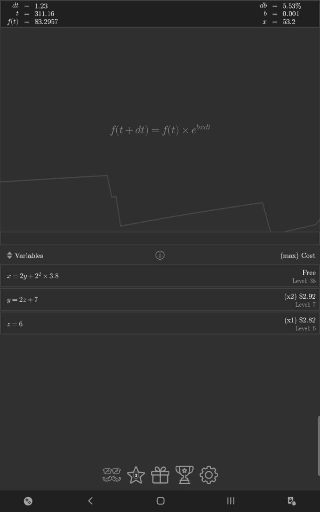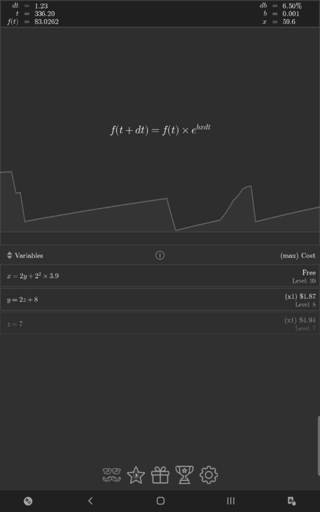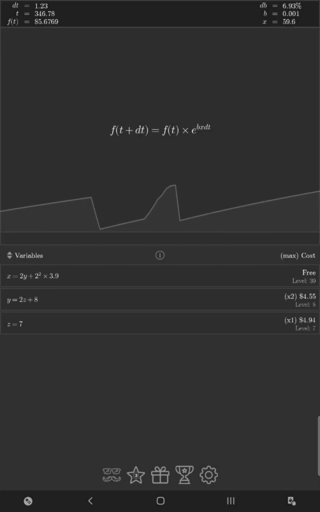Yeah. So our first goal is just to get ready for a prestige, because we cannot prestige yet. It's actually the very early stage of the game, and we are not allowed to prestige until we have reached dB equals 100%.